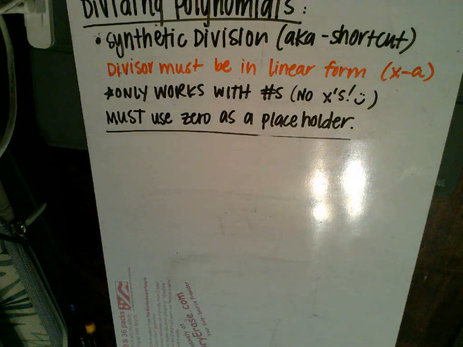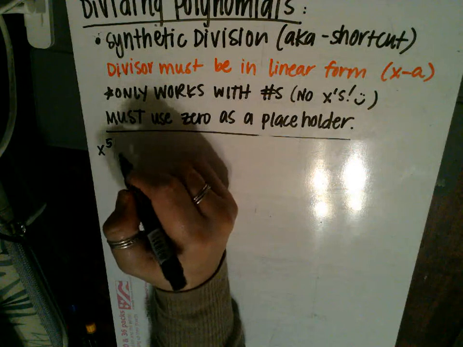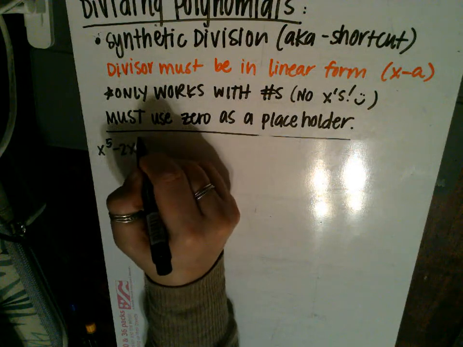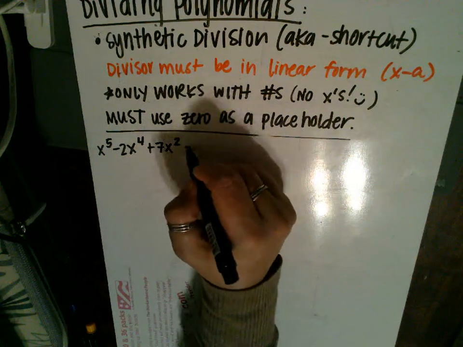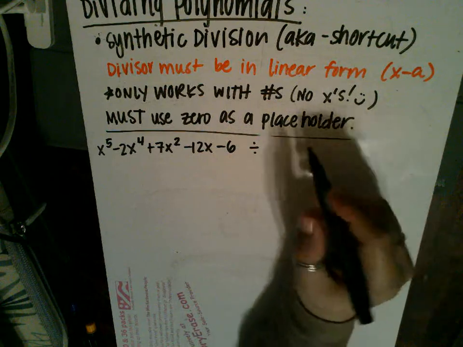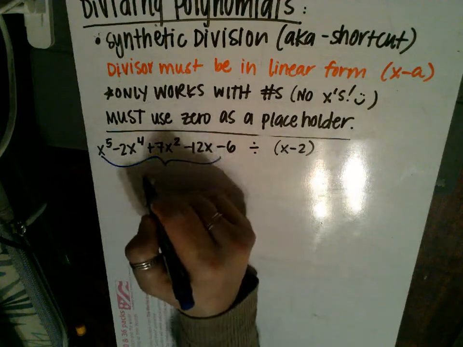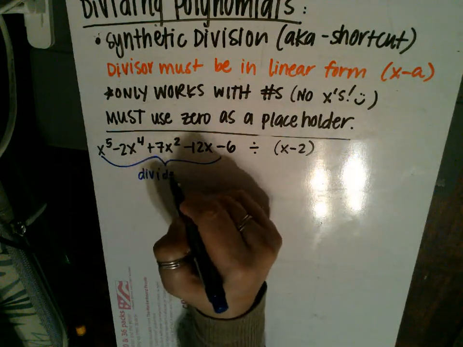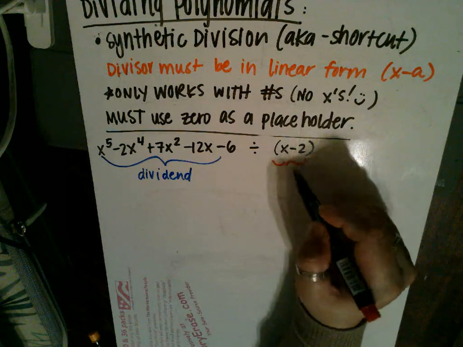Same rules apply. Okay, so here we're going to have x to the 5th minus 2x to the 4th plus 7x squared minus 12x minus 6, and divide this by x minus 2. So I'm going to have my dividend and my divisor.